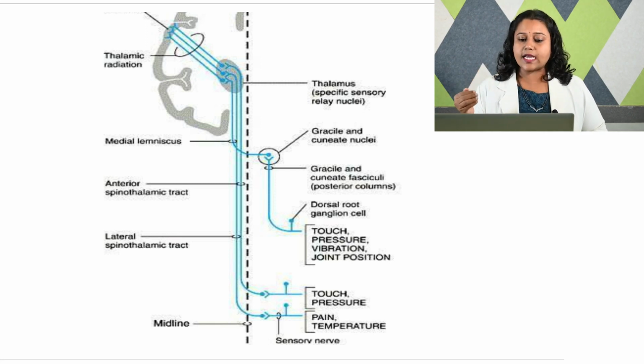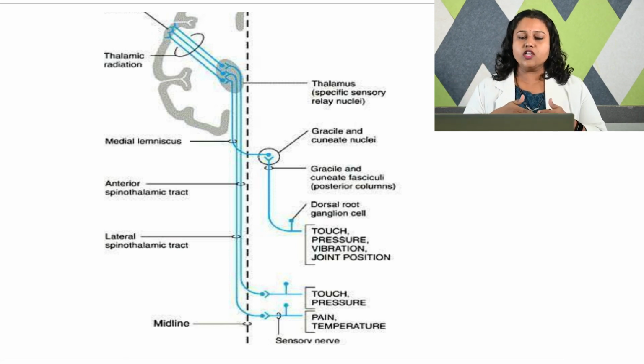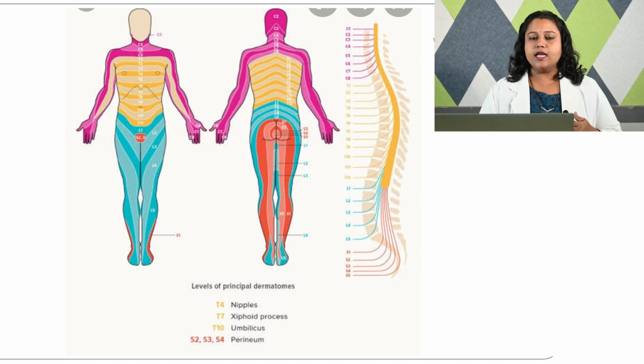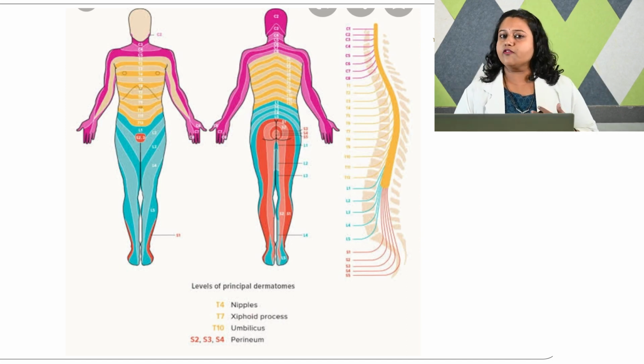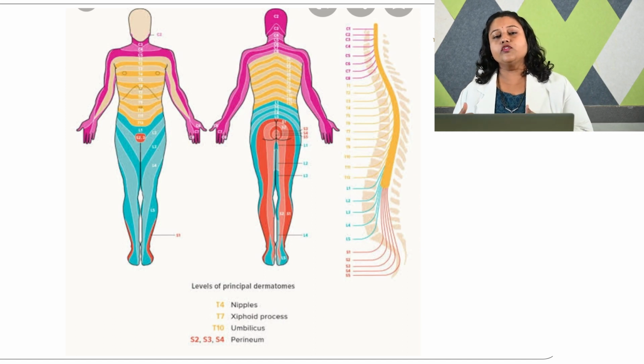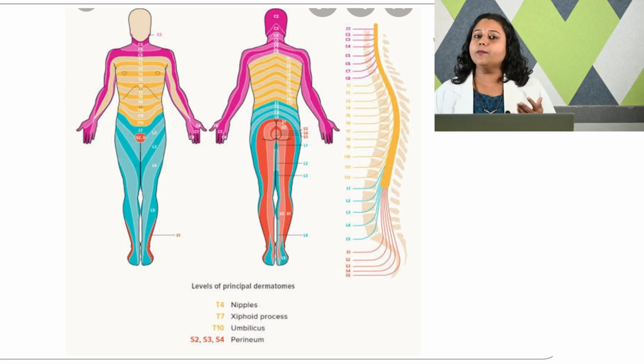These are tracts which carry the same sensations from the external stimulus to the brain, and these are arranged in the gray matter of the spinal cord. We have studied all this in anatomy in first year, but we are seeing this as a part of the neurological examinations. Now this is the dermatomes.